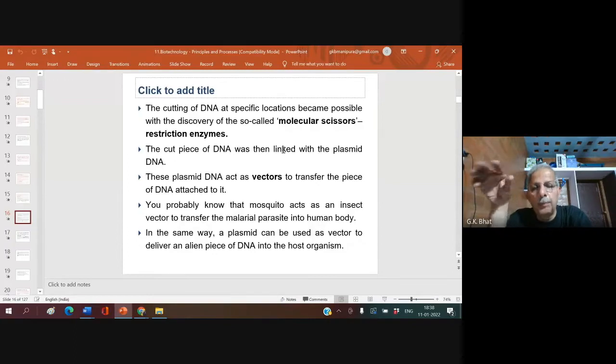You probably know that mosquitoes act as an insect vector to transfer the malarial parasite into the human body. What does this mosquito do? It carries. What does it carry? The Anopheles mosquito is responsible for malaria.